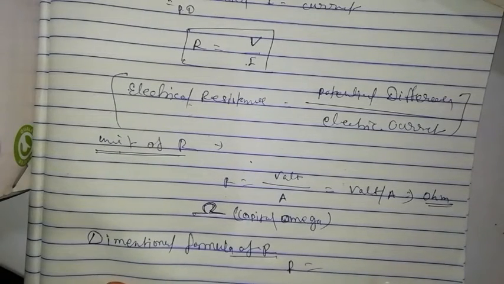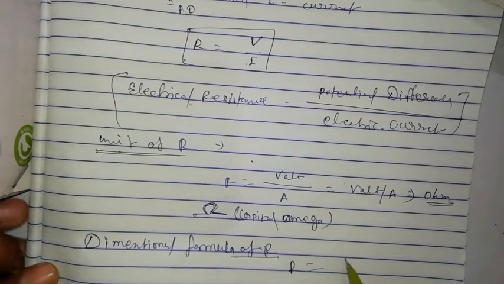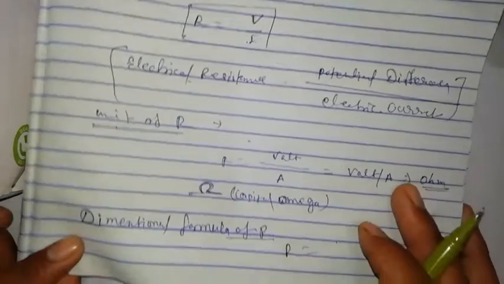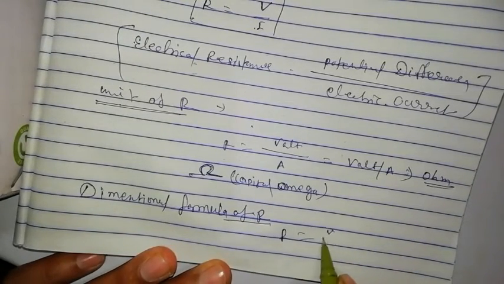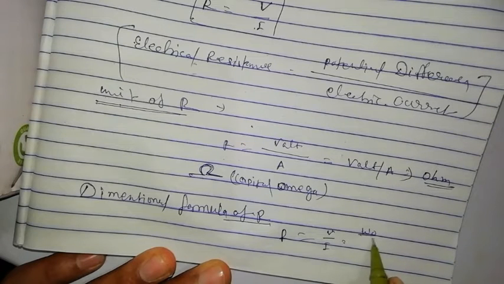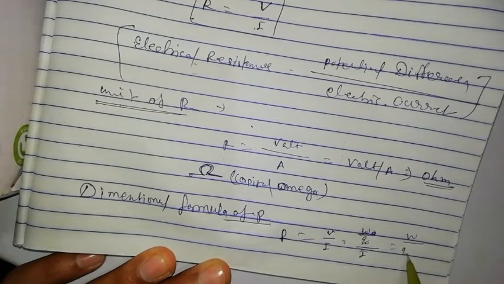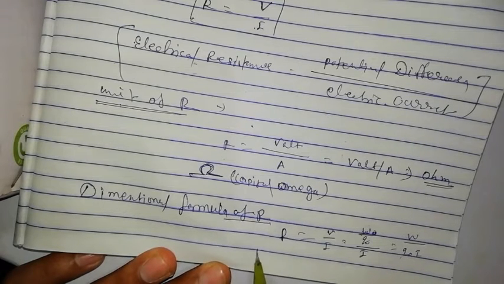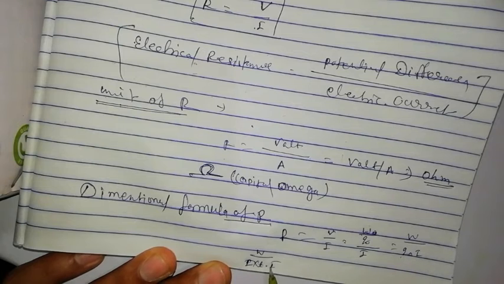R is equal to the dimensional formula of potential difference upon the dimensional formula of I. You know that resistance is V upon I, but V is work per charge, W upon Q, and charge is current multiplied by time, I into T.